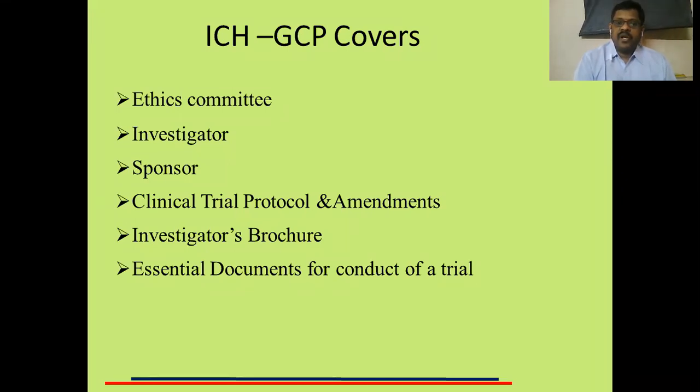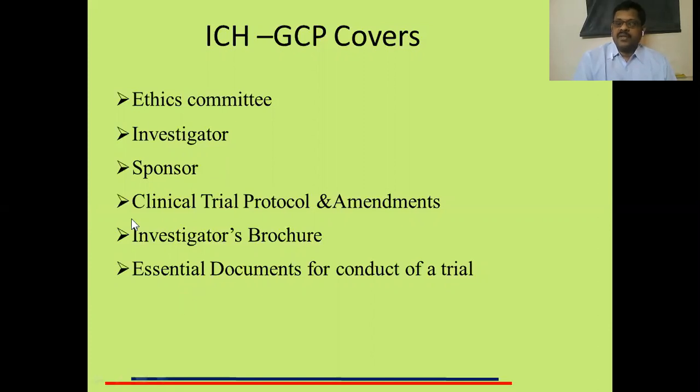Clinical trial protocol design, getting approval, and amendments, and how they can be done. Then the importance of the investigator's brochure and its design, approval, and maintenance. Essential documents for the conduct of a clinical trial, their details, maintaining the documents, the period, and the responsibilities related to that. So these are the various sections under ICH.